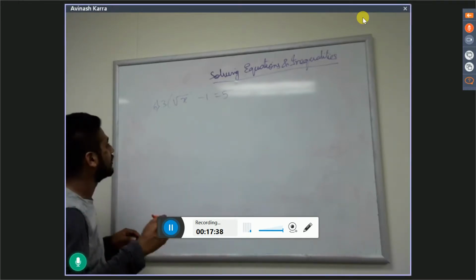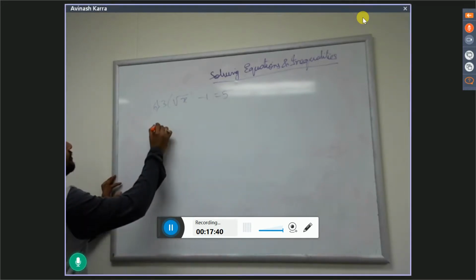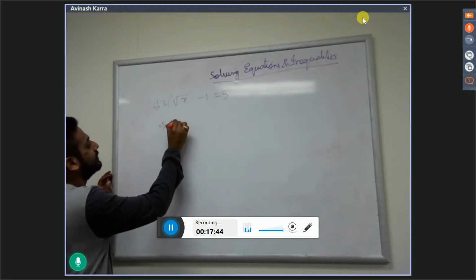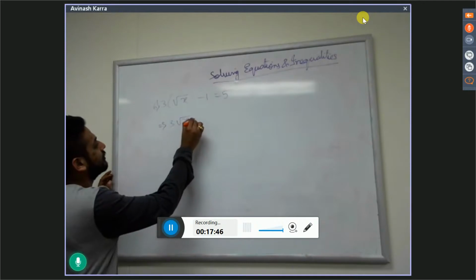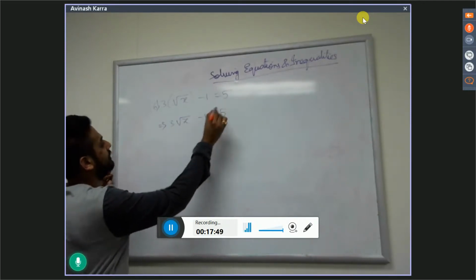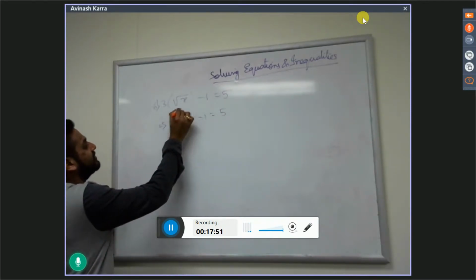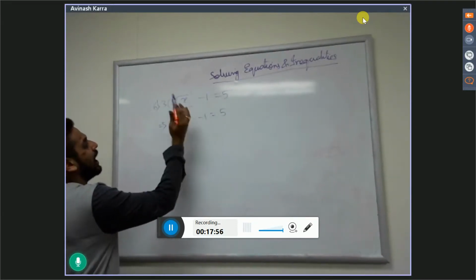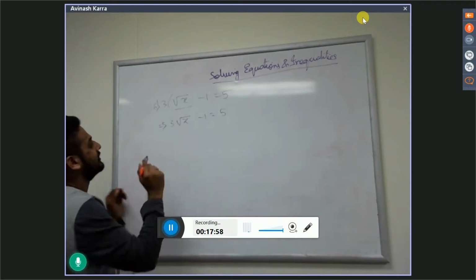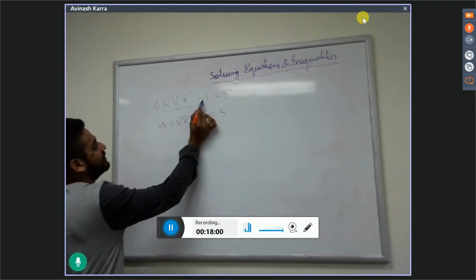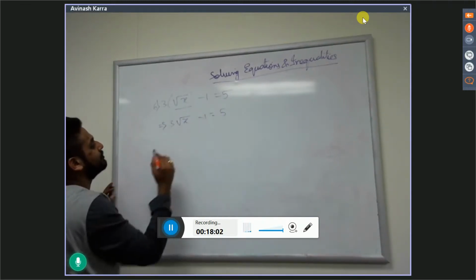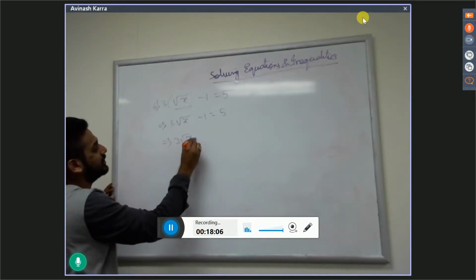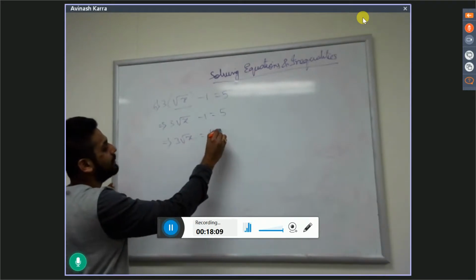Yes. So what's happening here? 3 root x minus 1 is equal to 5. Now I'm making x the subject. To make x the subject, I want to move all the constants to the other side. What is the constant here first? Minus 1. If I move minus 1 to the other side, it becomes positive. So 3 under root x is equal to 5 plus 1.